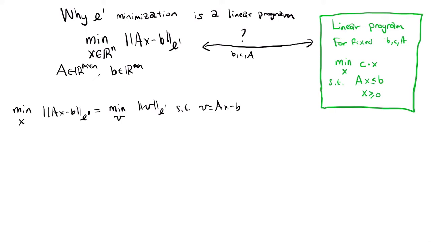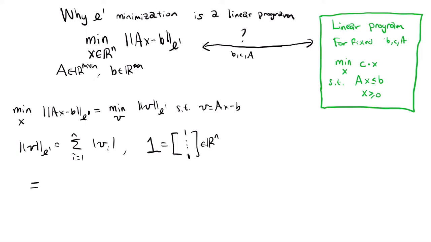So recall that this is going to be the sum of the absolute value of the components. If I let the vector 1 be the vector of all ones, then I can rewrite this as the minimum of 1 dotted with v.